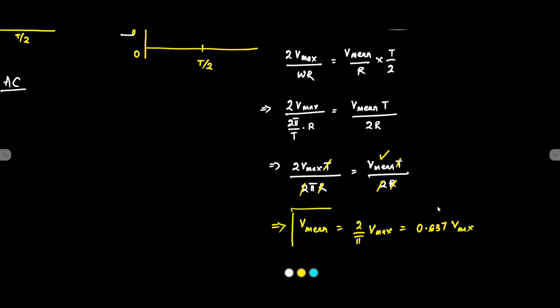This is the equivalent DC value of the positive half cycle of the alternating voltage.